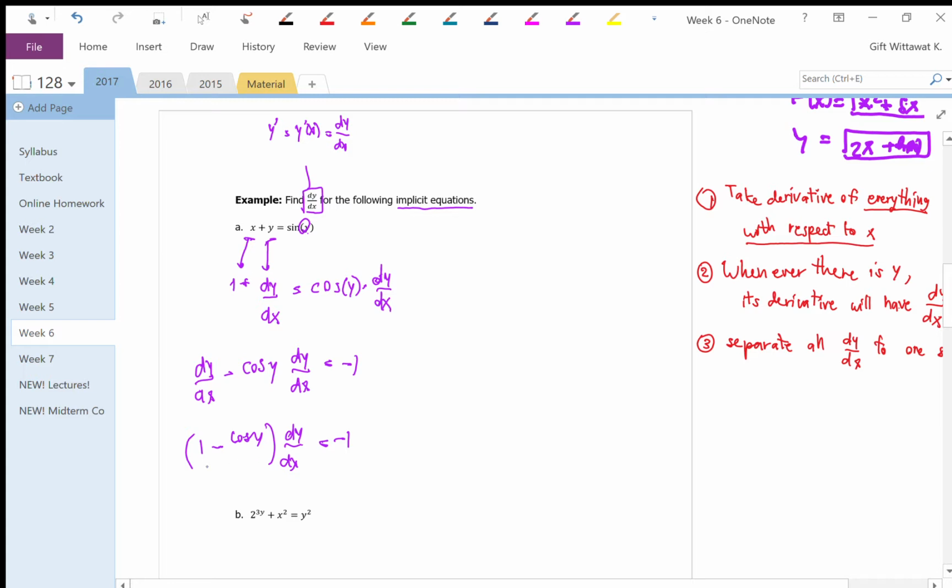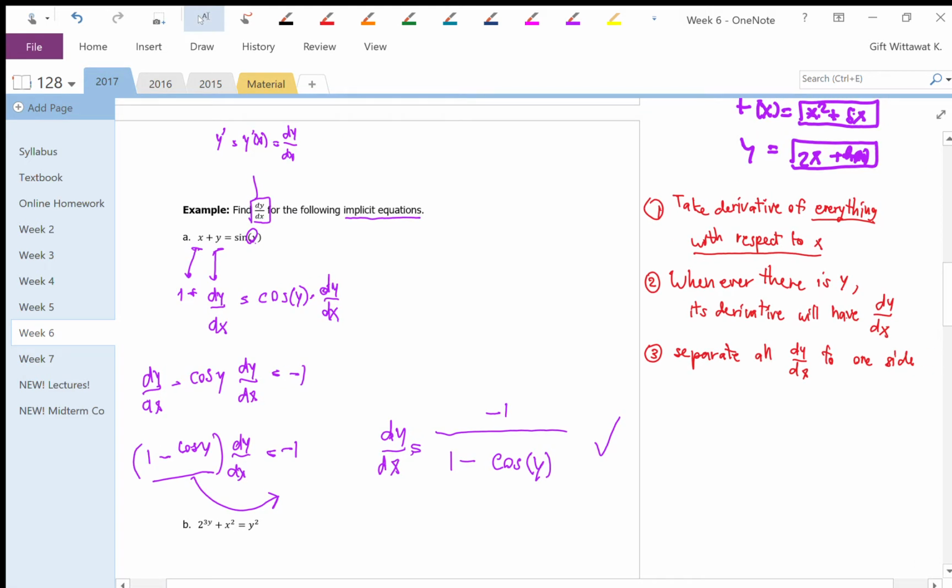Now I can move the cosine of y factor to the other side, so I'm going to end up with just dy by dx, which is the derivative that I ultimately want. It's just the quotient, negative 1 over 1 minus cosine of y. And that would be my final answer.